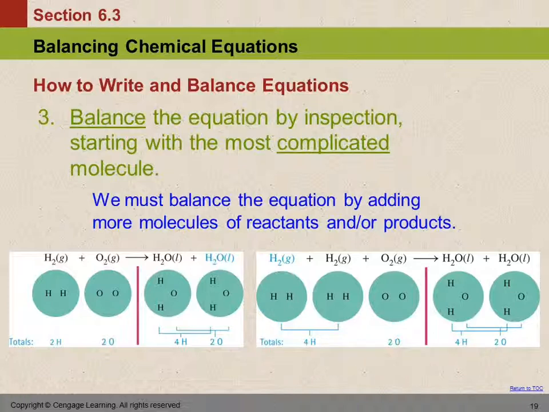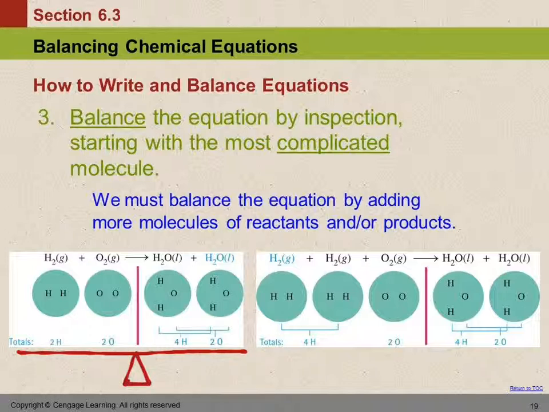So it's a little bit like a teeter-totter. If you imagine this to be a teeter-totter, it's balancing where the arrow is. And here I've got 2 H's on one side, but I've got 4 H's on the other side.